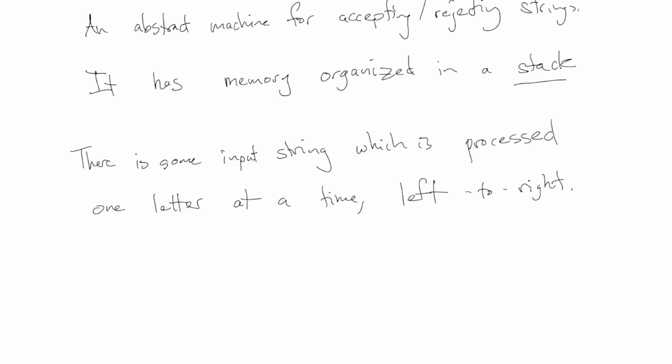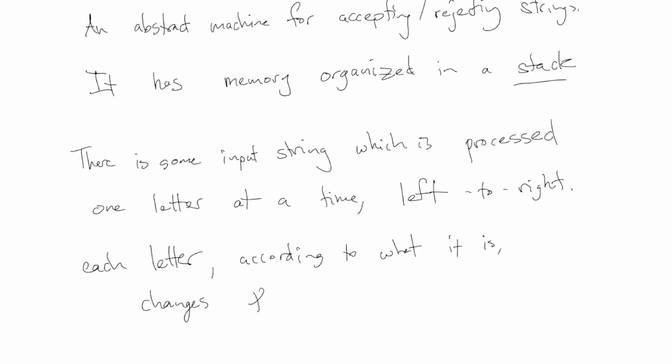So the machine doesn't look at the entire string at once. You feed it one letter at a time, and it does something per letter. And each letter, depending on what it is, according to some rules, changes the stack.